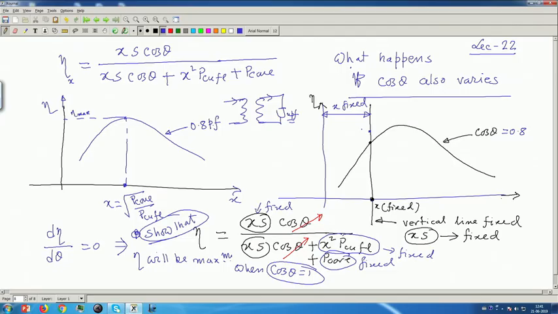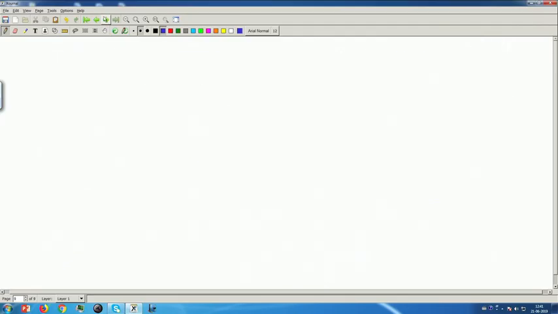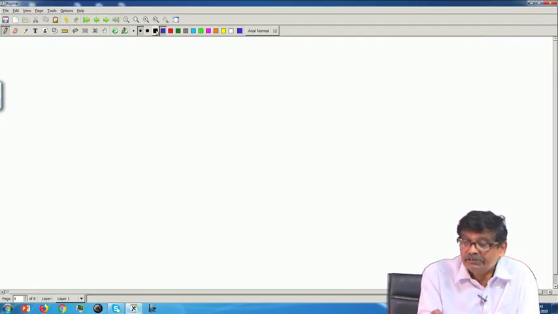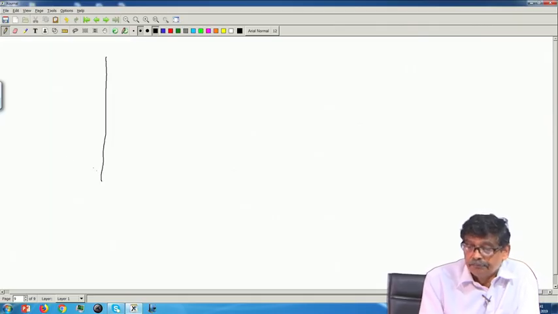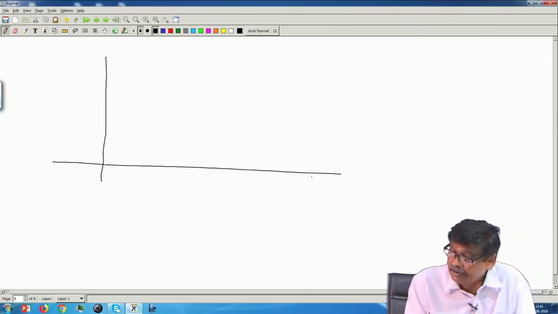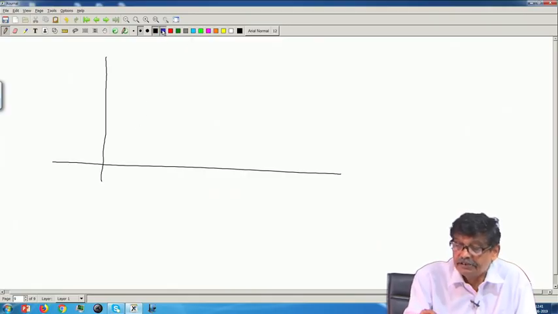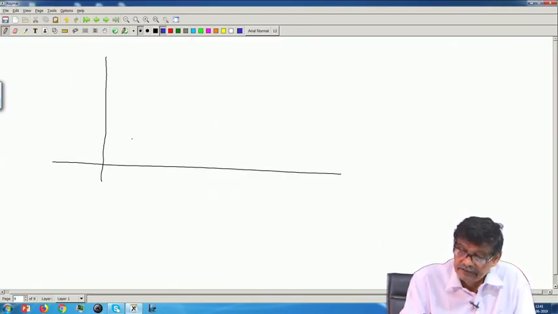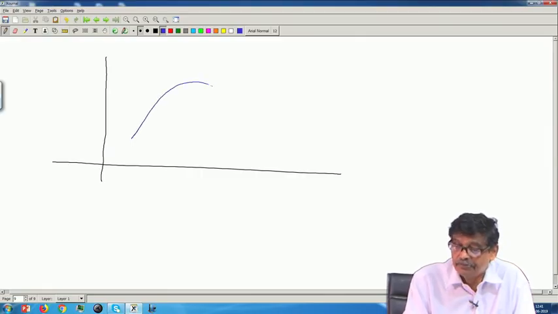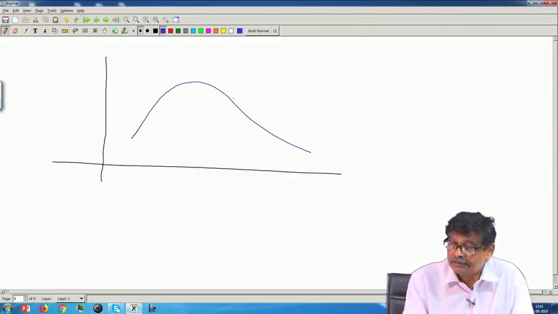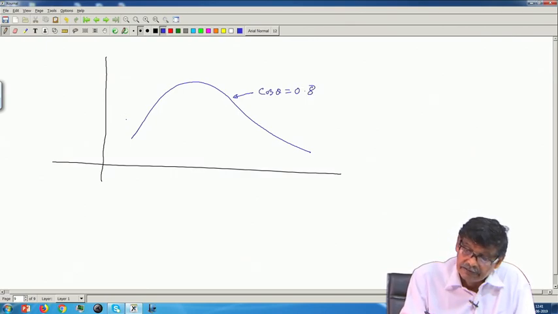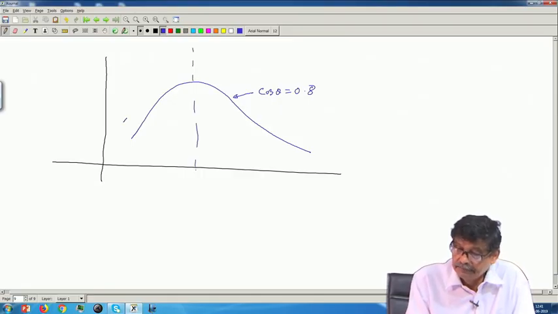In other words, next page I will draw. It is quite interesting to note that now I can complete this efficiency versus x curves by drawing a family of curves. Suppose this is at cos theta equal to 0.8. What I am telling you is the curve will be above it, and you draw a vertical line here.